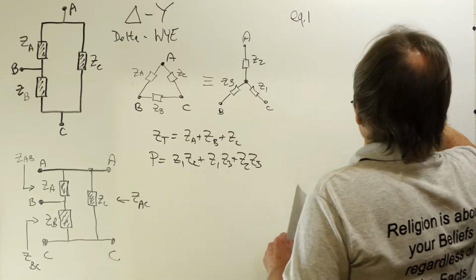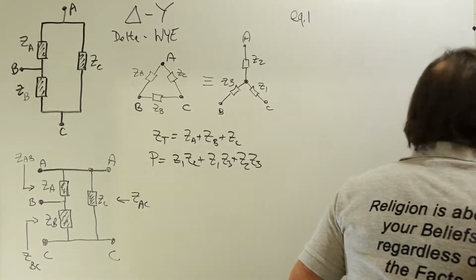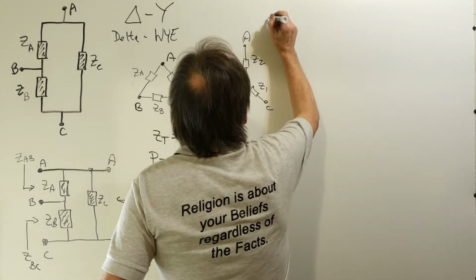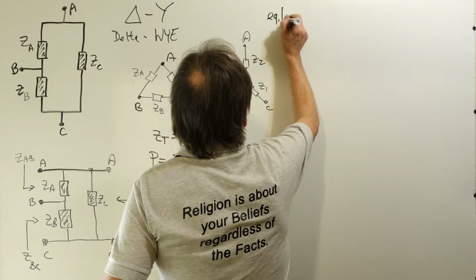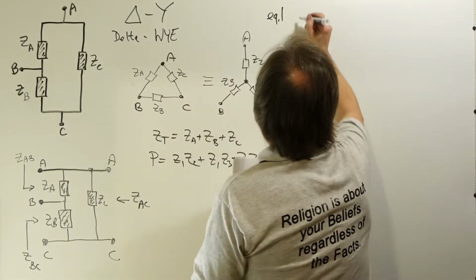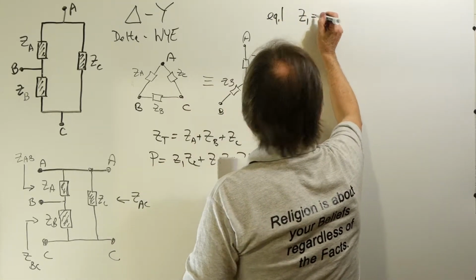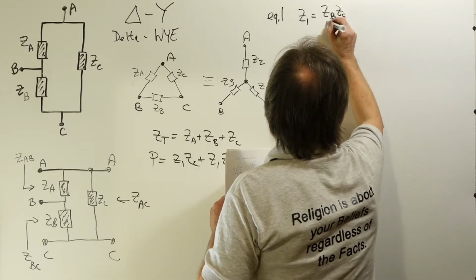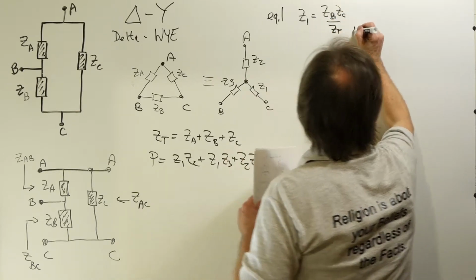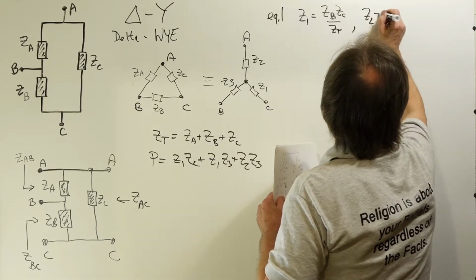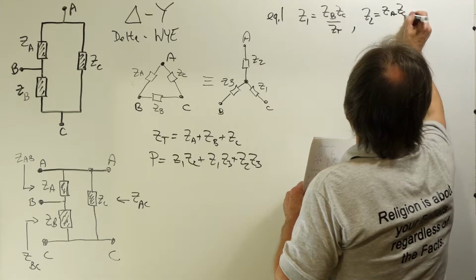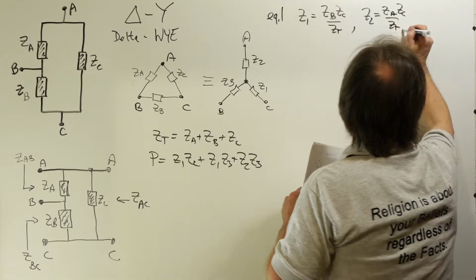Equation 1, let's put that over here. With equation 1, I can write that Z1 is ZB ZC over ZT. Z2 is ZA ZC over ZT.